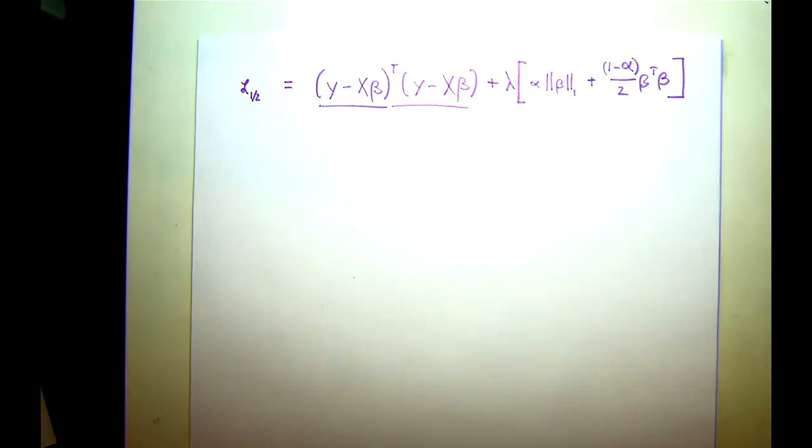Now, of course, it is another hyperparameter, which means that if you want to tune this, all of a sudden you have two hyperparameters to tune. You not only have to tune your lambda, but you have to tune the balance between the two types of regularization. You can do that with normal cross-validation, just like we've always seen.